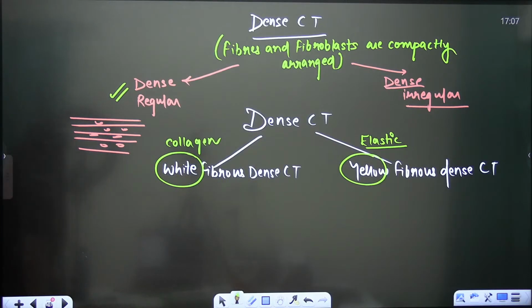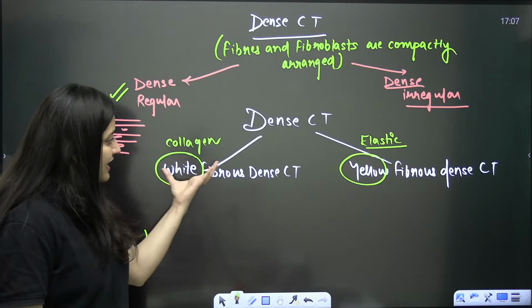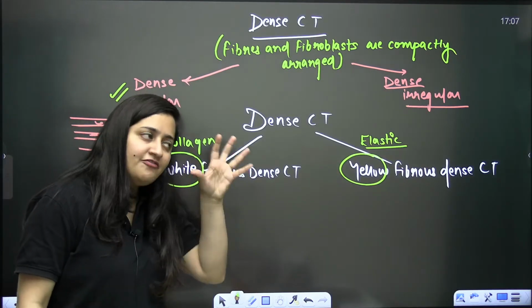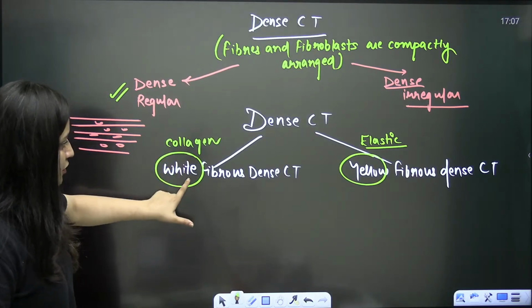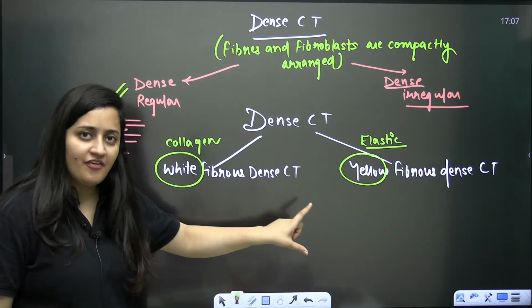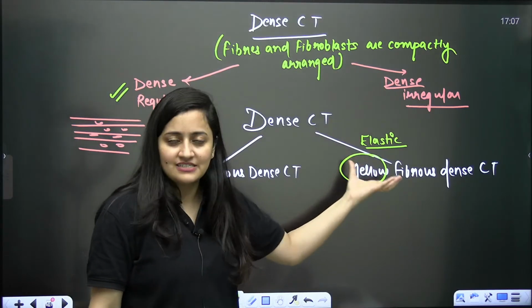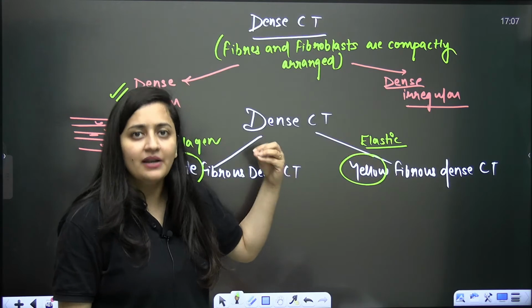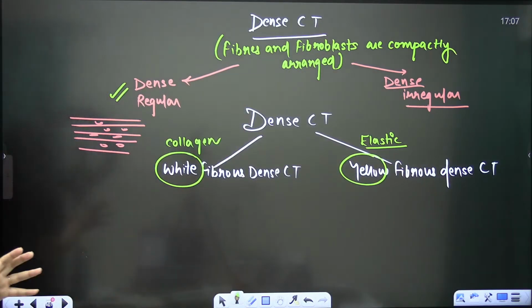Ultimately, the cells, fibroblasts and fibers are arranged, but if the fibers are made up of collagen, it will be white fibrous dense connective tissue. If they are made up of elastin protein, it is yellow fibrous dense connective tissue. Is that clear?